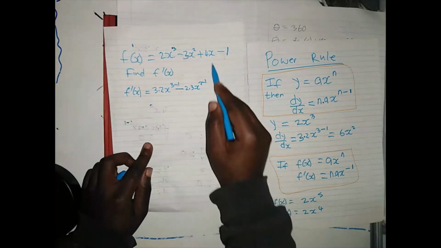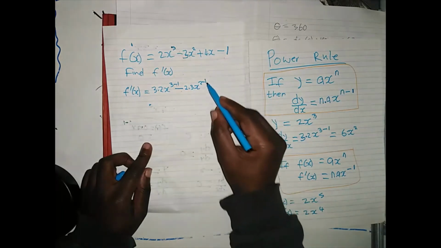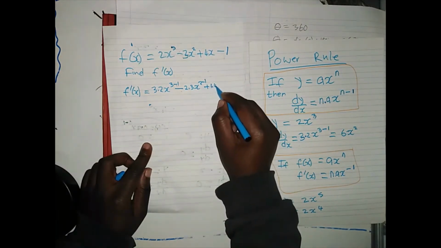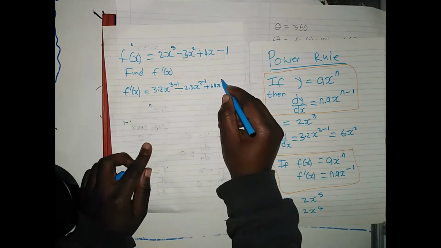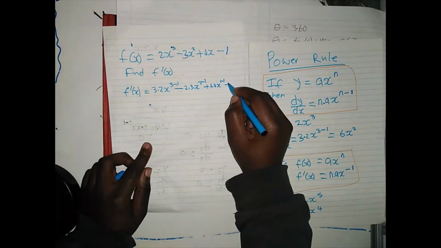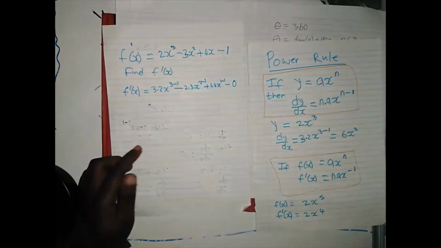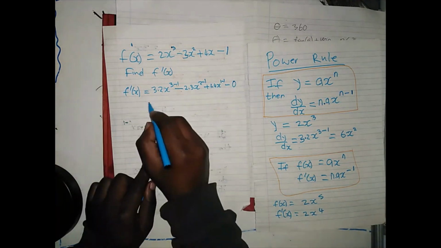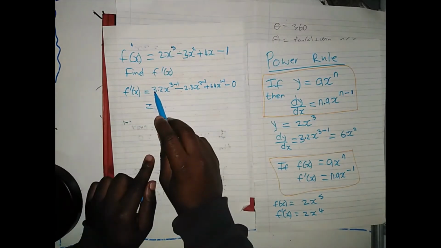And then when it comes to this 4, you take this invisible one that is here, you multiply it, you get plus 1 times 4x to the power 1 minus 1. And here you can just say minus 0, it's fine, because we all know that the derivative of a constant is 0.